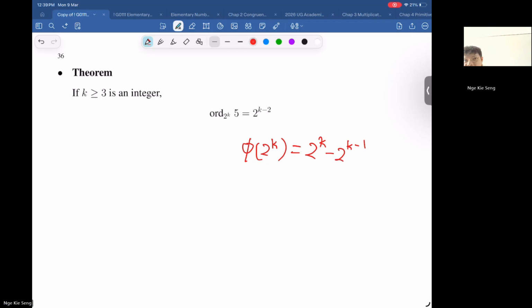So it's some number that's strictly less than 2^(k-1), which is φ(2^k).